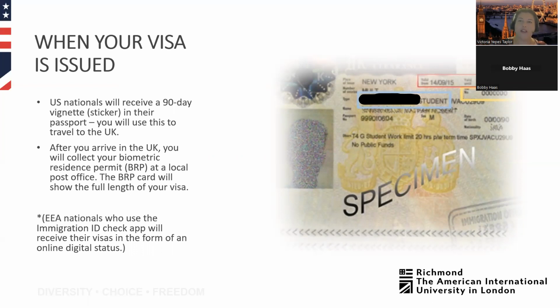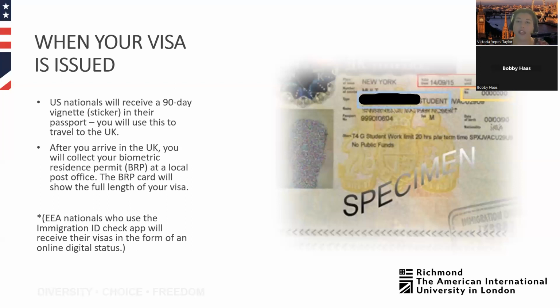They do try to filter students to the right person, but just know that you do want that stamp. Why? Because once that gets stamped, that cues your biometric resident permit card, BRP card, to be sent to your local post office for pickup.